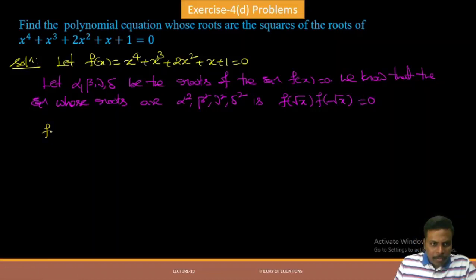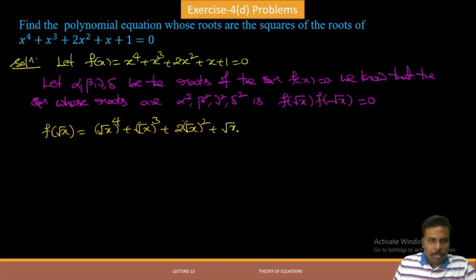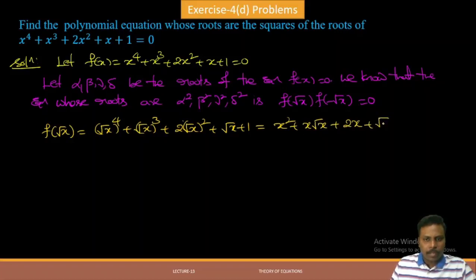Let us find out what is my f of root x. That is root x whole to the power 4 plus root x whole cube plus 2 root x whole square plus root x plus 1, that is equal to x square plus x into root x plus 2x plus root x plus 1.